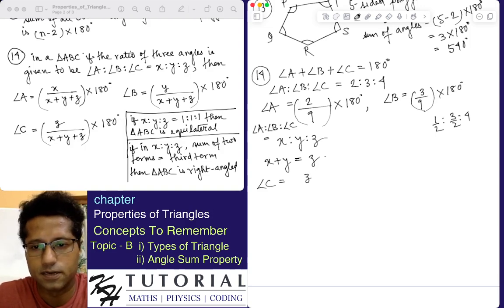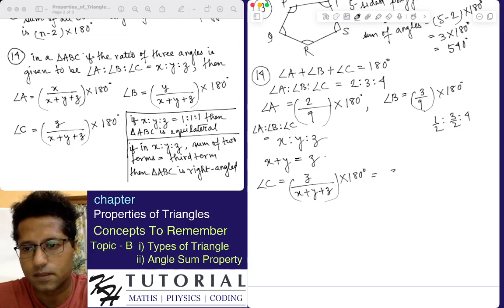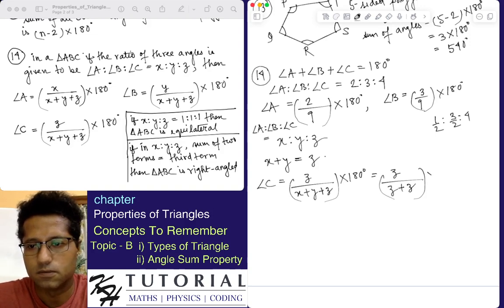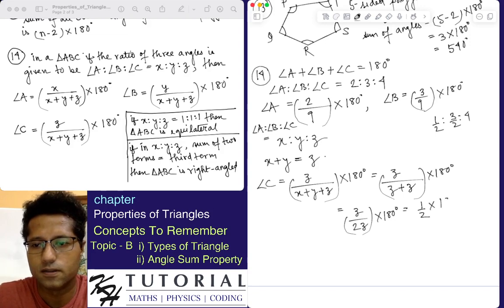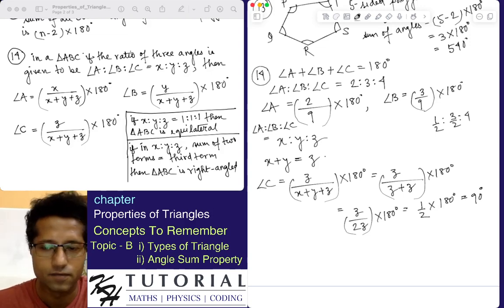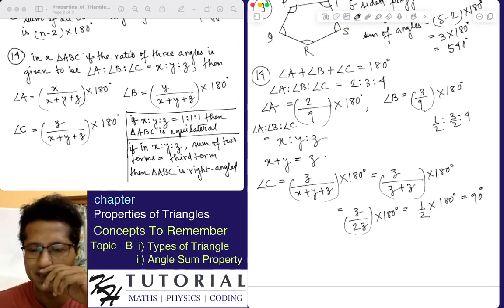Angle C will be z divided by x plus y plus z, multiplied by 180 degrees. Since x plus y is z, this is z by z plus z, which is z by 2z, multiplied by 180 degrees. This is half into 180 degrees, which is 90 degrees. So if we have x plus y equals z, the angle C will be 90 degrees.